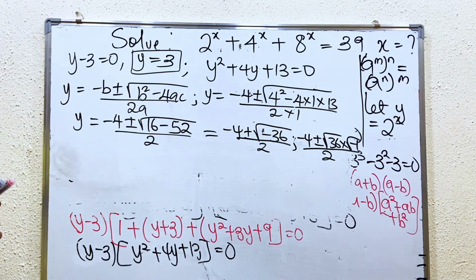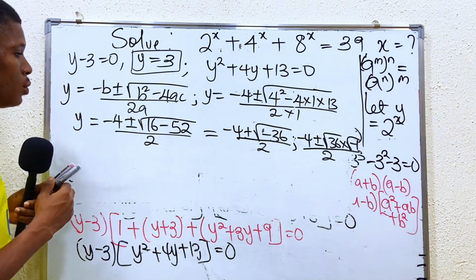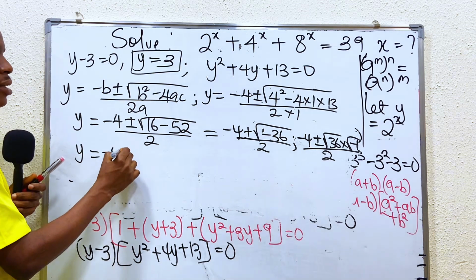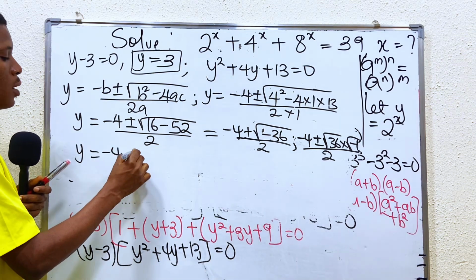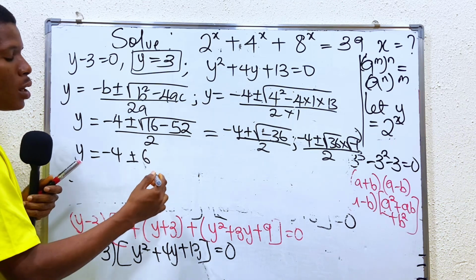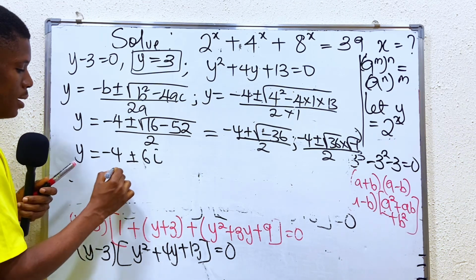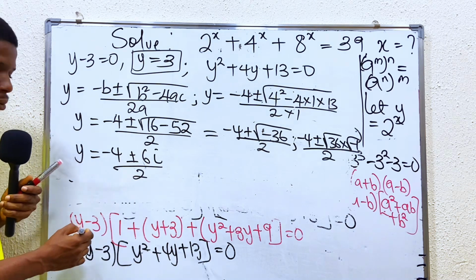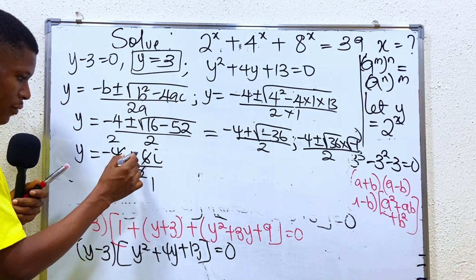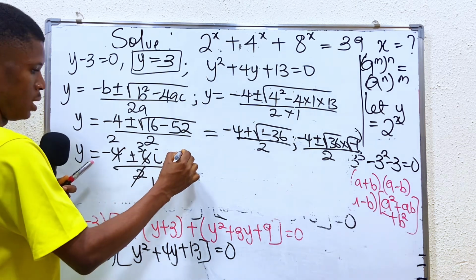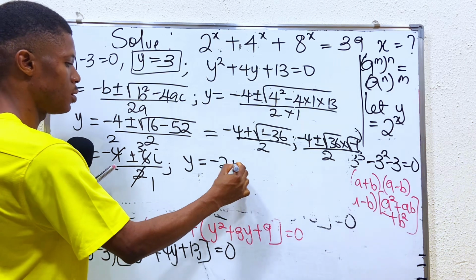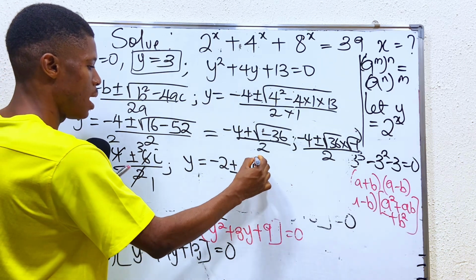Okay? So here it is giving us a complex solution. That means y is equals to minus 4 plus or minus the square root of 36, which is 6, the square root of minus 1 is i, divided by 2. So 2 divides into 4 to get 2, and into 6 to get 3. So you see that y is equals to minus 2 plus or minus 3i.